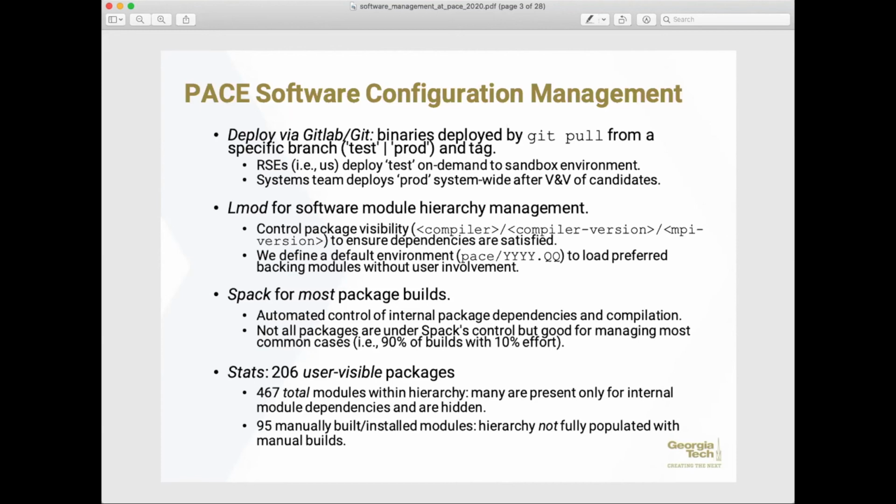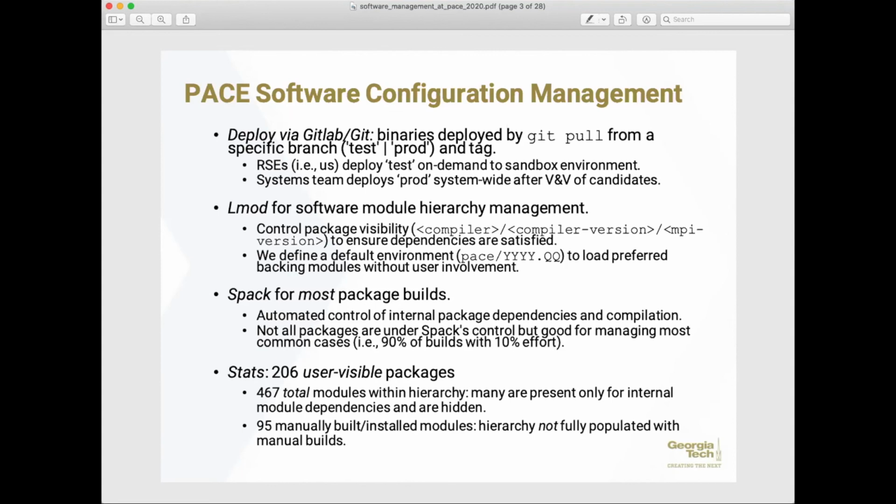So to actually do our deployment, we are using Git. We're not using Git necessarily for the source code control, which we are, but we're actually using Git to maintain our actual binary installations. So instead of pushing packages out to the system, each node actually does a Git pull and downloads the latest production release of our software stack. We maintain 2 branches: a testing environment and a production environment.